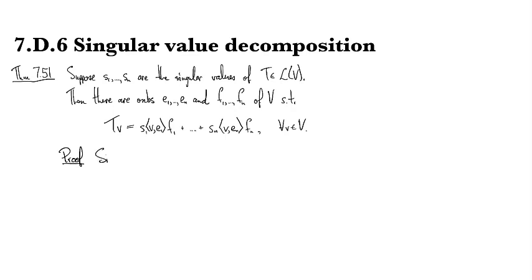So the first observation is that the square root of T star T is positive and hence self-adjoint, as we've noted before.